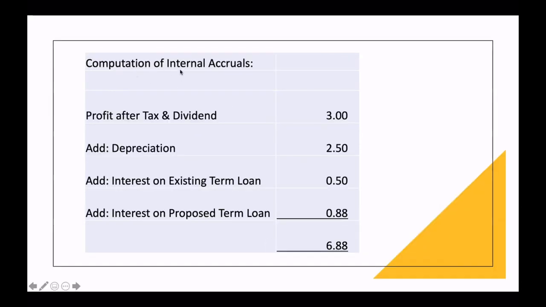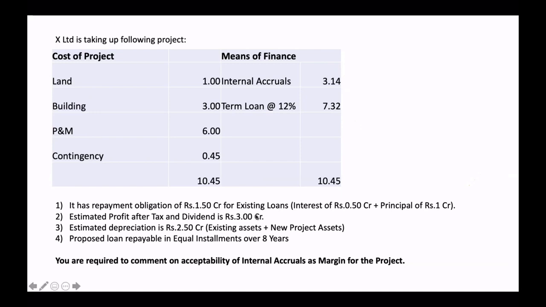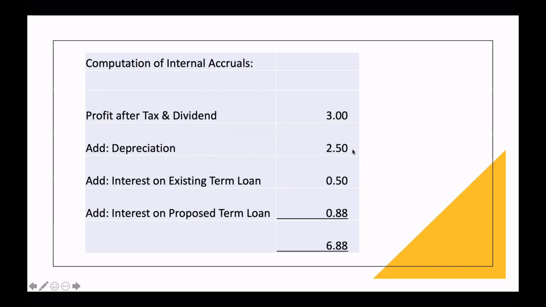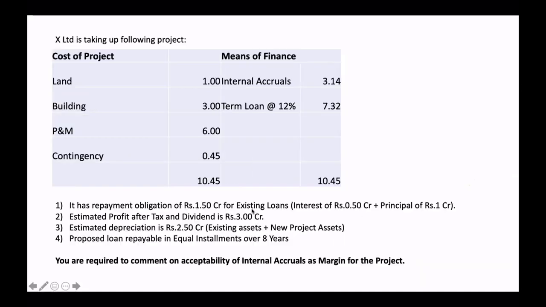Look at this computation of internal accrual. We are given what is profit after tax and dividend, 3 crore. So we had that information here. Then we are adding back this depreciation of 2.5 crore being a non-cash item, and we want to know what is the profit before paying the interest, right? So we should add the interest on existing term loan.